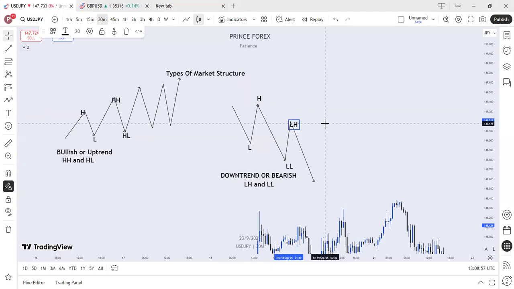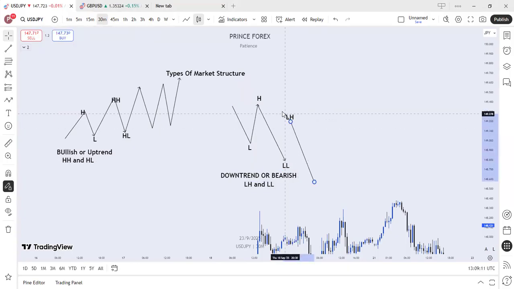Let me explain the main reason why I said lower highs and lower lows. You can see this V-shaped here, which is a low. It is lower than this low here. It is not higher than this low. It is lower than it. That is why we call it a lower low. And then this particular high here is also lower than this high. It is not higher than this high.